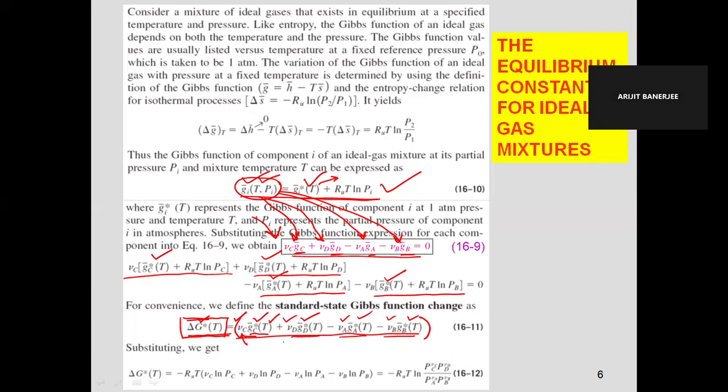Change of property means what? Change of property from the reactants to the products. That you have to understand. That is the change during this chemical reaction. So that change means the change from reactants to products. So that is called standard state Gibbs function change.